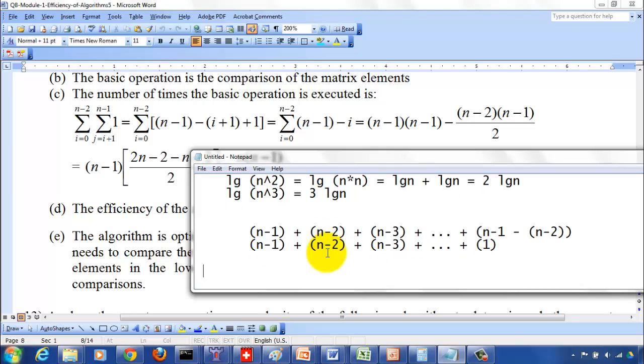So that's 1 plus 2 up to n minus 1, so it is n minus 1 times n minus 1 plus 1 over 2, so it is n minus 1 times n over 2, such that it is theta of n square.